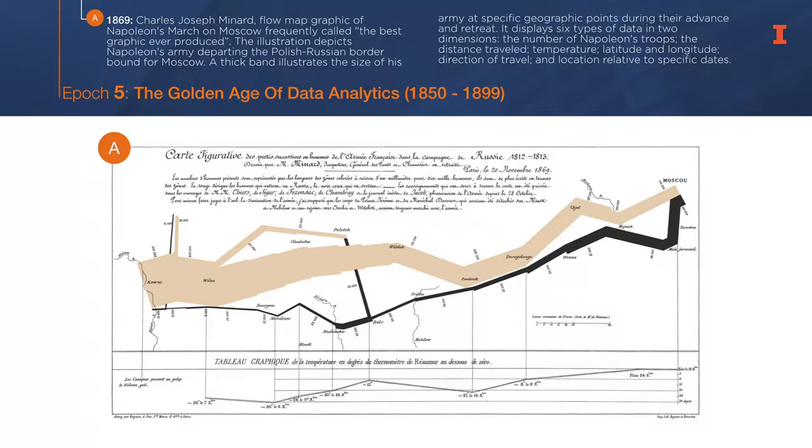So much packed into this visual. The temperature, time, the number of soldiers that he left with, the number of soldiers that he returned home with, all done really elegantly and beautifully.